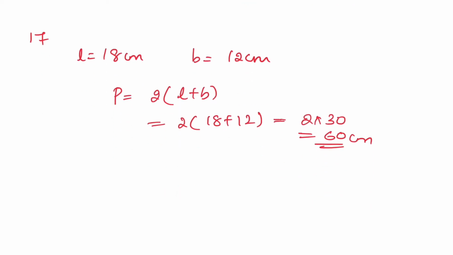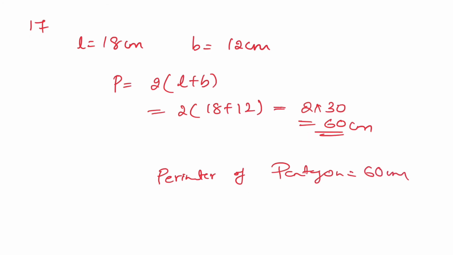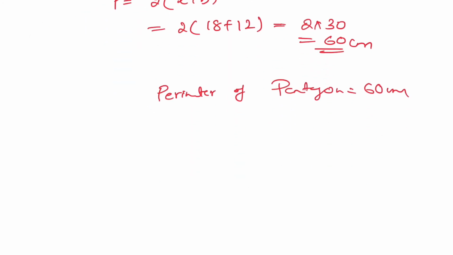So the pentagon also has the same perimeter. So perimeter is equal to 60. Each side will be what? Sorry, it's a pentagon. So what do you get? Each side will be 60 by 5, equal to 12.